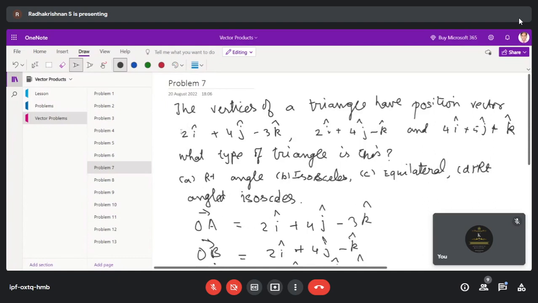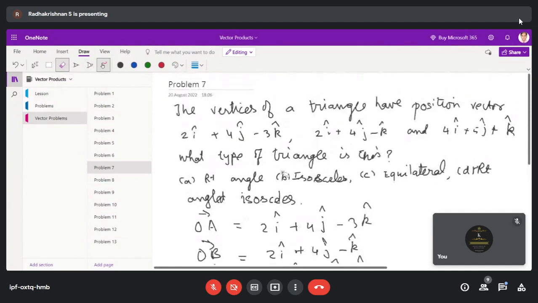But anyway, doesn't matter. We can work on this problem and see whether it is right angle or not.